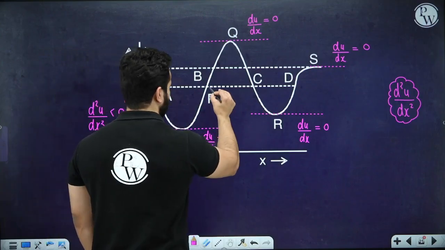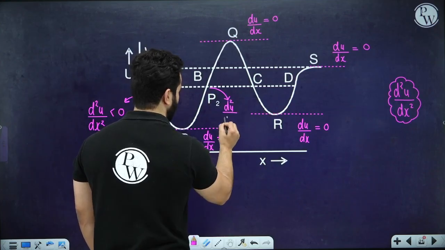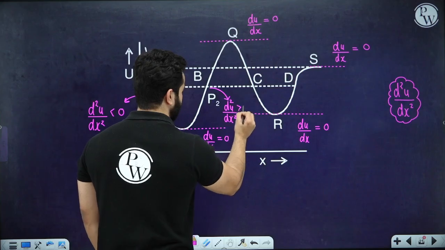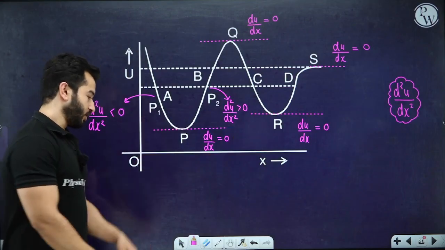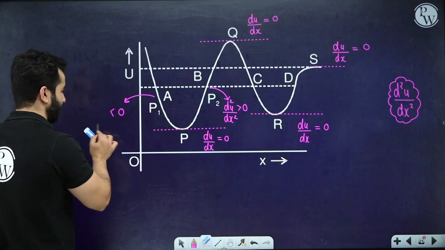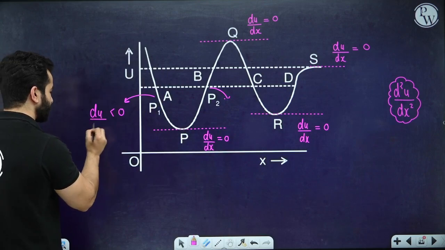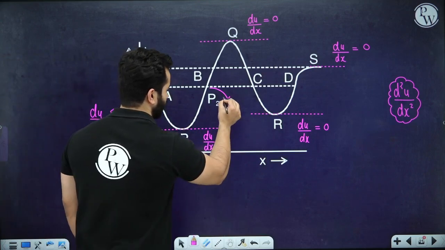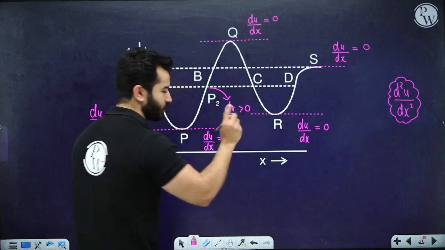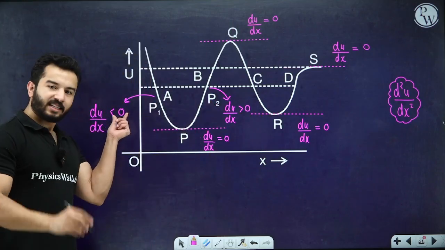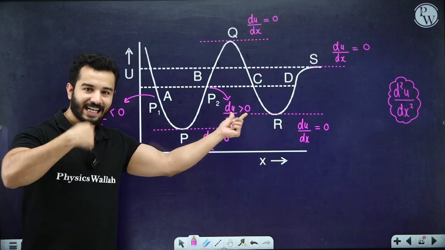At this point, d2u by dx square is actually greater than 0. So first it was negative. I'm so sorry, my bad. I should write it as du by dx, right? My bad. du by dx is greater than 0. Now see, potential gradient is negative, potential gradient is 0, potential gradient is positive.